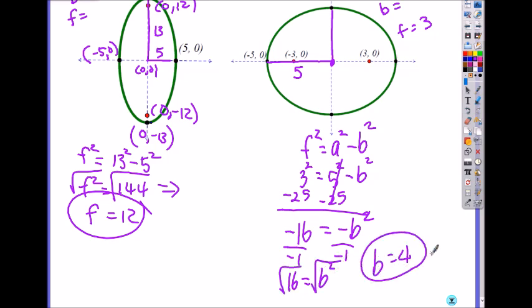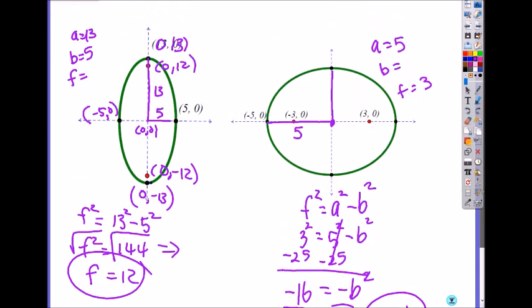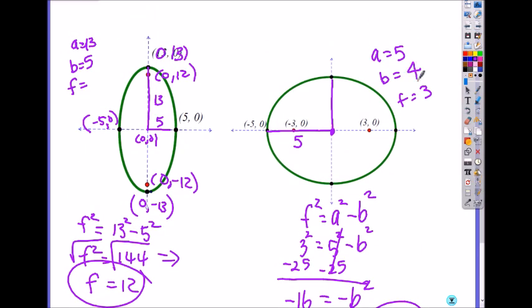But you could just use the 3, 4, 5 ratio for the Pythagorean theorem. So B is 4. So that means this is 4, comma 0. Oh, no. That's A, right? That's A. Here is the B, 4. So it's 0, comma 4, 0, comma negative 4. So here we have 5 to the right, so it's 5, comma 0.